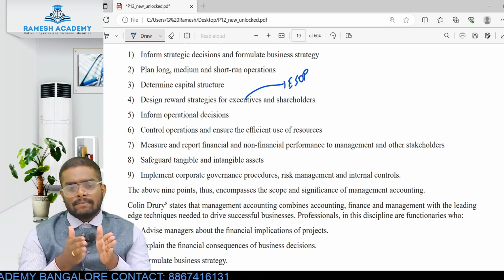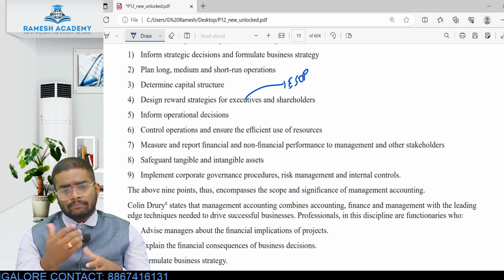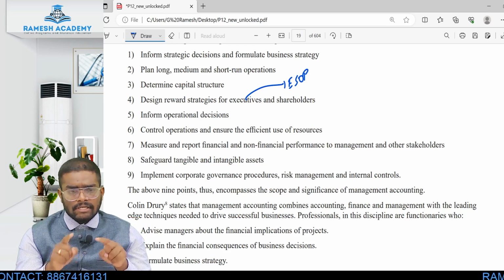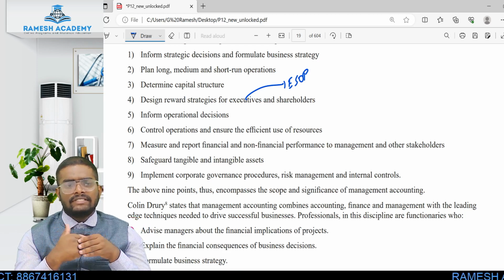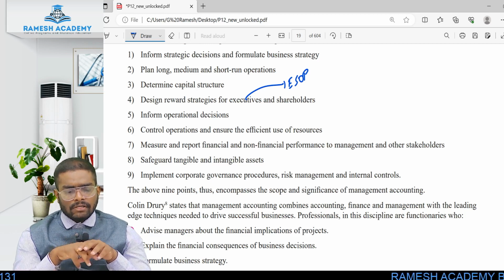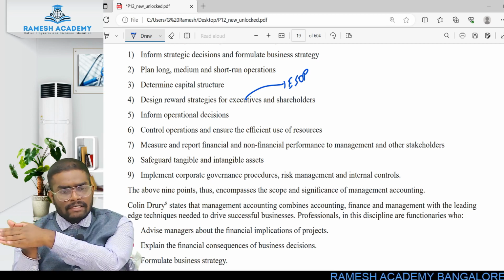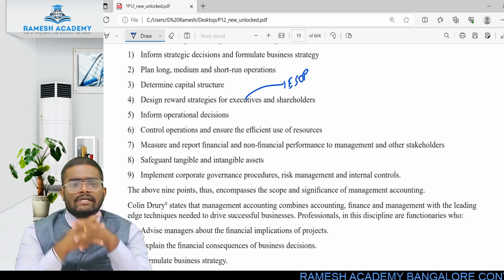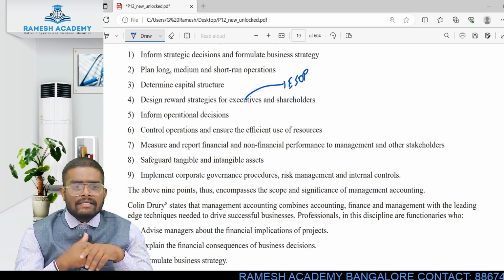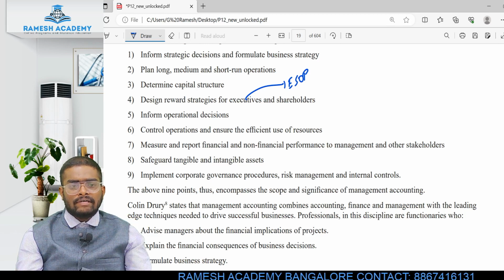Maybe a particular person has done a particular job, so from that the company has earned more profit. To incentivize that particular executive, the company may give him company shares at lower than market value. These are called ESOPs. To shareholders, we will be paying dividend at year end. In between also we can pay dividend like interim dividend, maybe buybacking at a price more than the market price. These are the reward strategies.